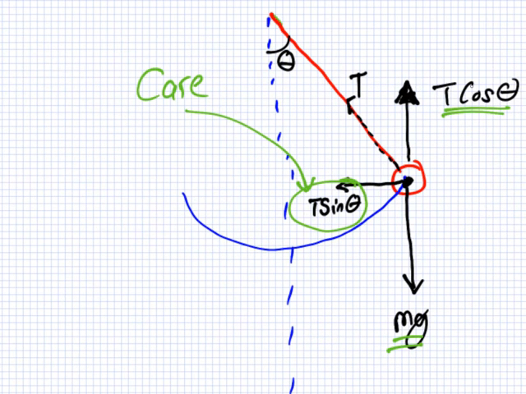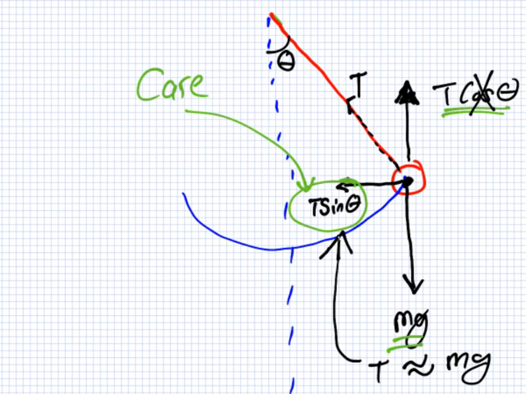So look, we know that cos theta is roughly equal to 1. So we can cancel this and we can say that T is roughly equal to mg. And if I put that in here, you get mg sine theta is this piece here.